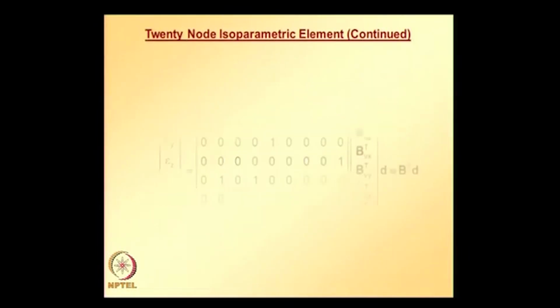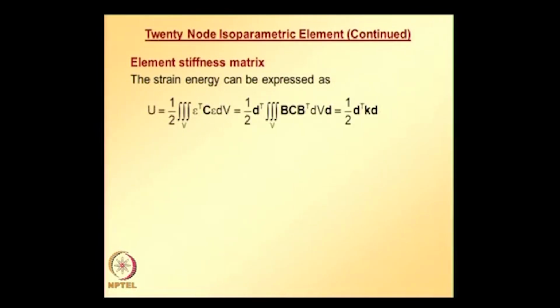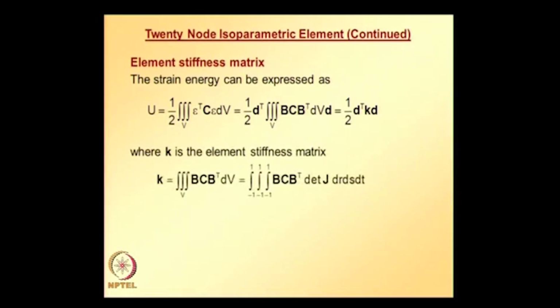Substituting this definition into the strain energy expression, we get the element stiffness matrix, where K is the element stiffness matrix, defined like this. The individual terms in the K matrix must be evaluated using numerical integration like Gaussian quadrature, because the B matrix is not a constant. And the only thing is the size of the K matrix you need to keep in mind.